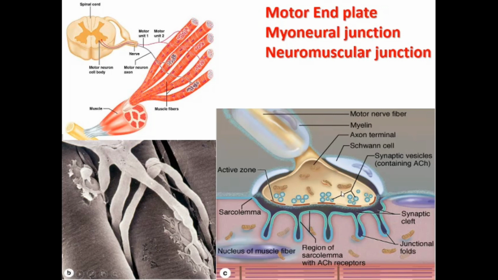This part, the synapse between the nerve and muscle, is called the motor end plate, myoneural junction, or neuromuscular junction. All of these are names for this synapse between the nerve and muscle.